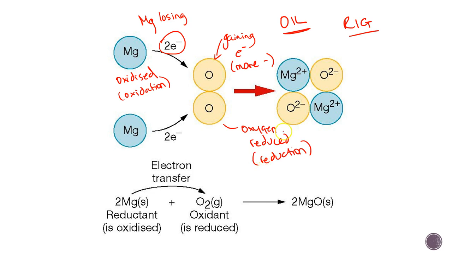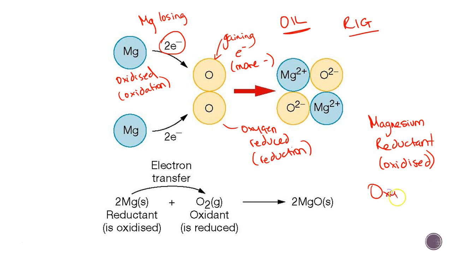Okay, so the magnesium is oxidized. Because it is oxidized, it is giving away its electrons, so the process it is causing to happen is reduction. The magnesium is forcing its electrons onto the oxygen, so it is causing the oxygen to be reduced. So magnesium, in this case, is known as the reductant, and the reductant is oxidized during the redox process.